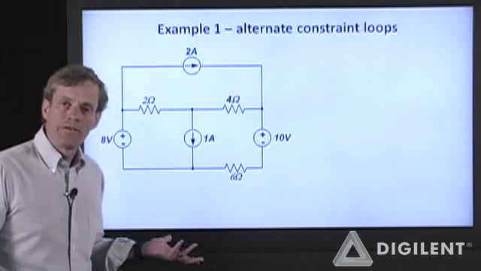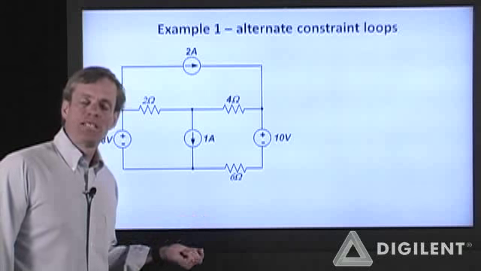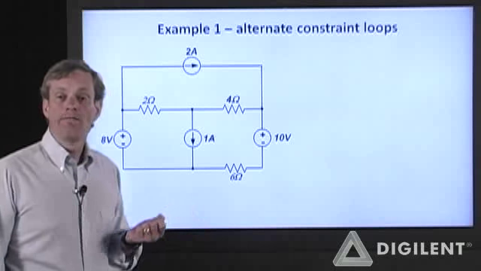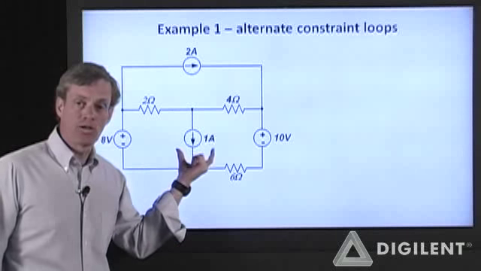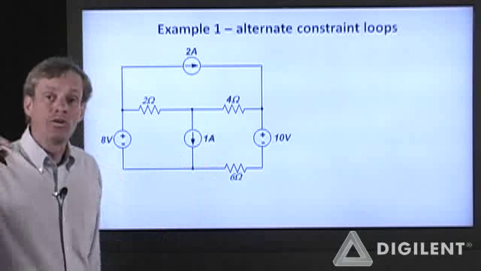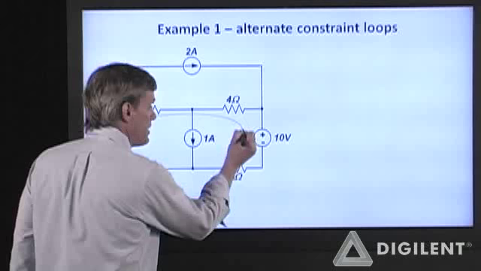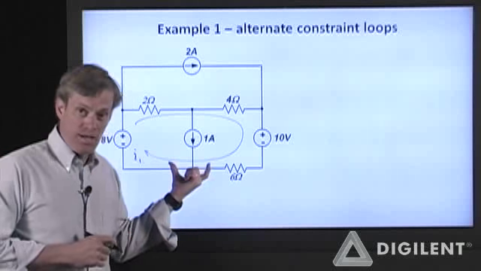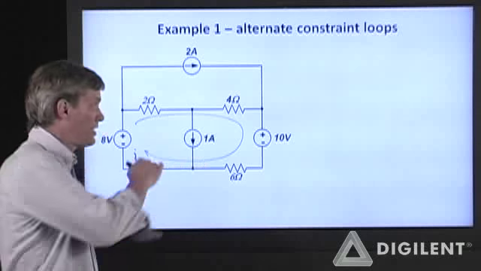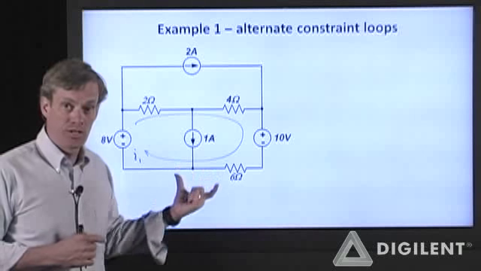Now, I mentioned earlier that the choice of your constrained loops is typically not unique. You have a certain amount of ability to define them yourselves as long as they agree with your actual current sources. Now, the mesh current I1 is unique. There's really only one mesh current in this circuit.